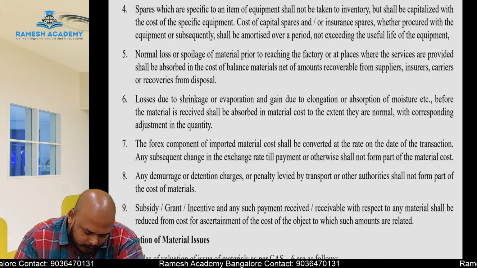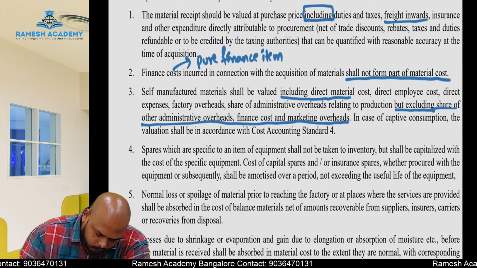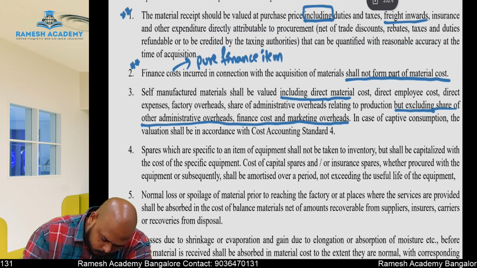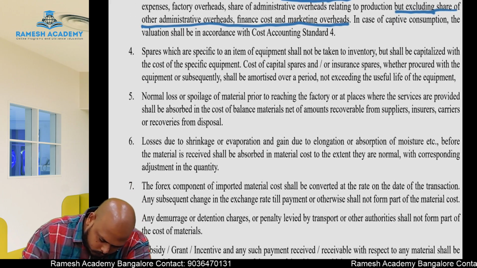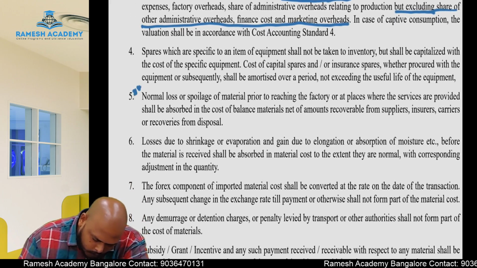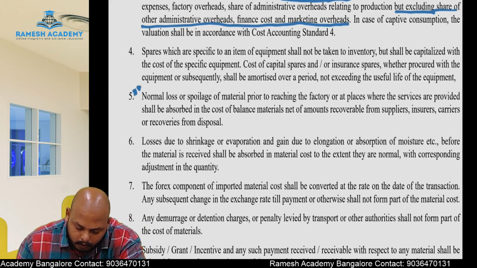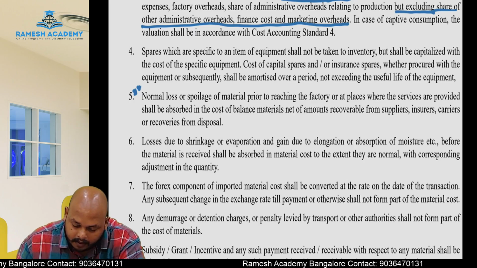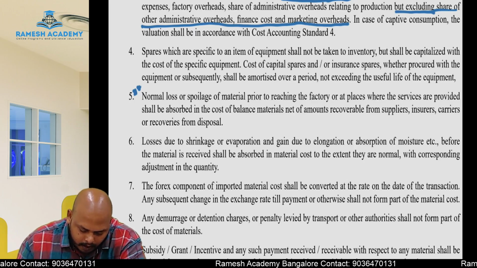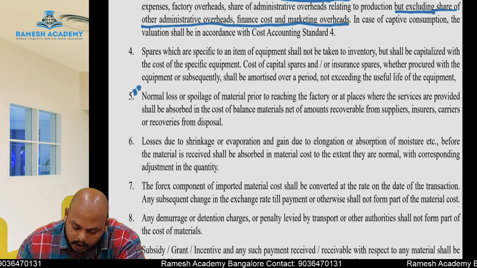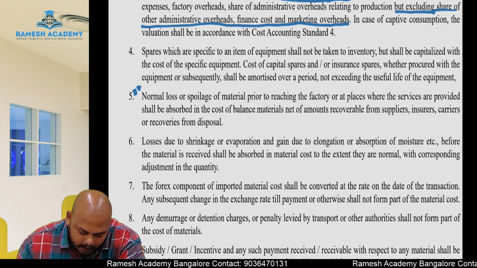Normal loss, this is important, nana. Normal loss or spoilage of material prior to reaching the factory or the places where the services are provided shall be absorbed in the cost of balance materials, net of amounts recoverable from the suppliers, insurers, carriers or recoveries from disposal, nana.